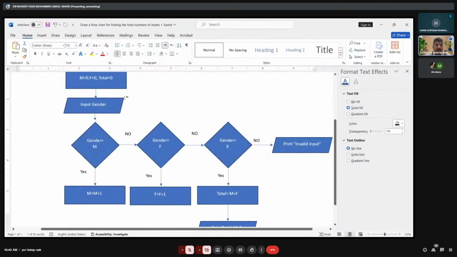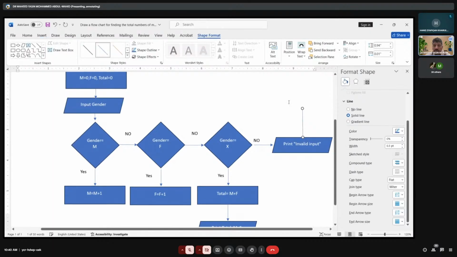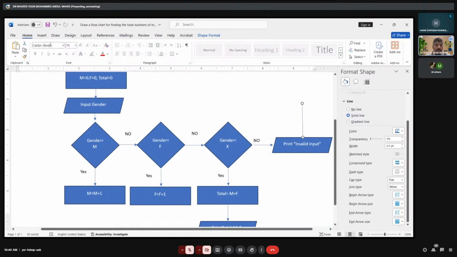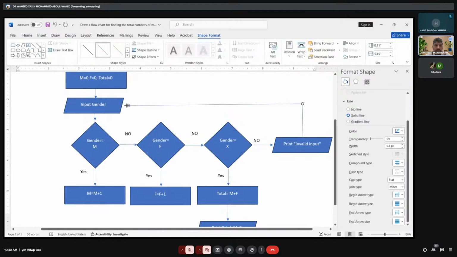Then after this, if no, invalid input, then I will go here to insert the value of input again. Input gender again.